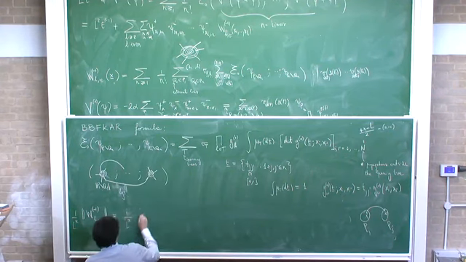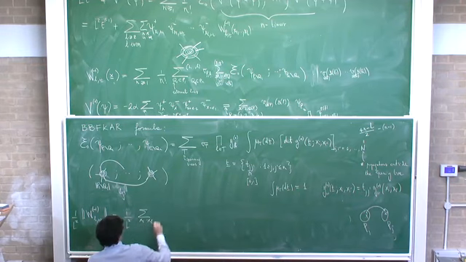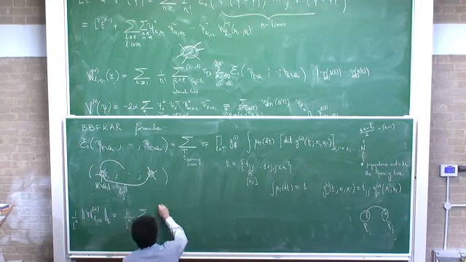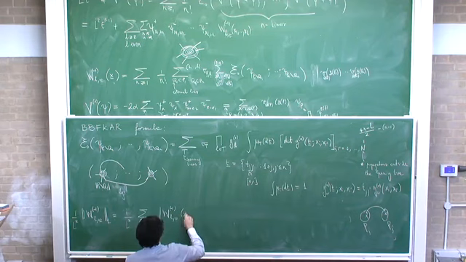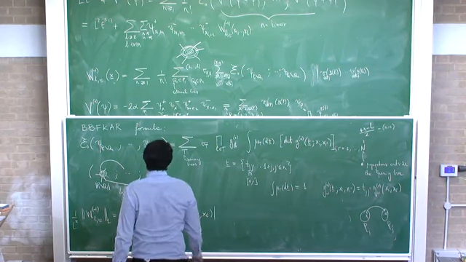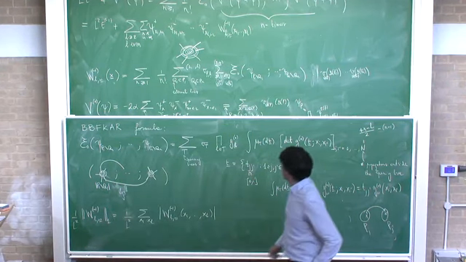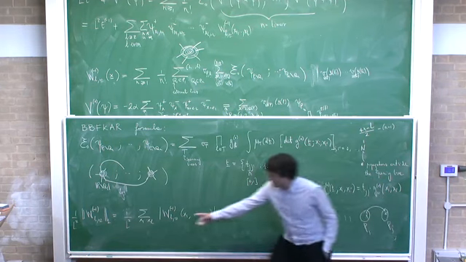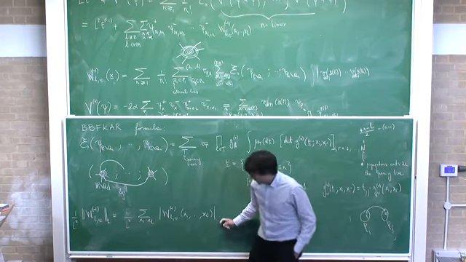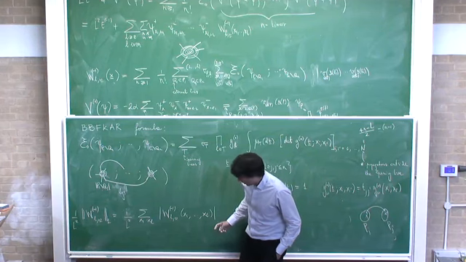So this is sum over x1 to xl of... so this is something I explained last time, but it's pretty easy. If you want to compute this norm, what do you do?